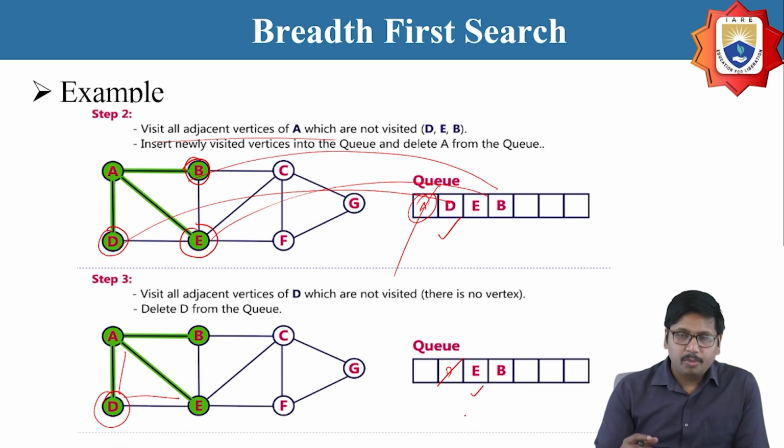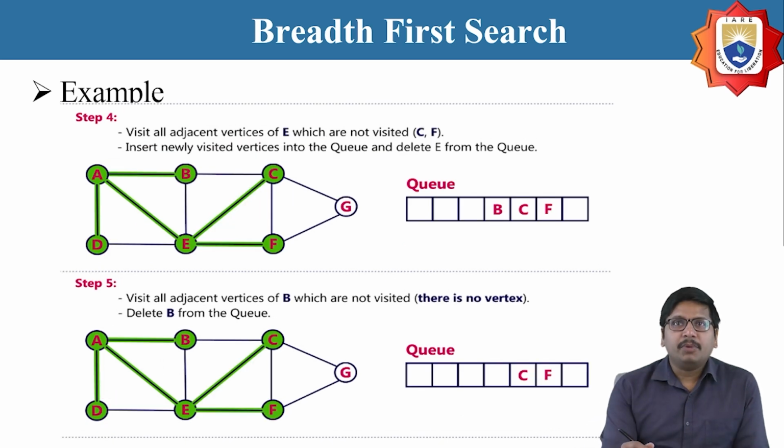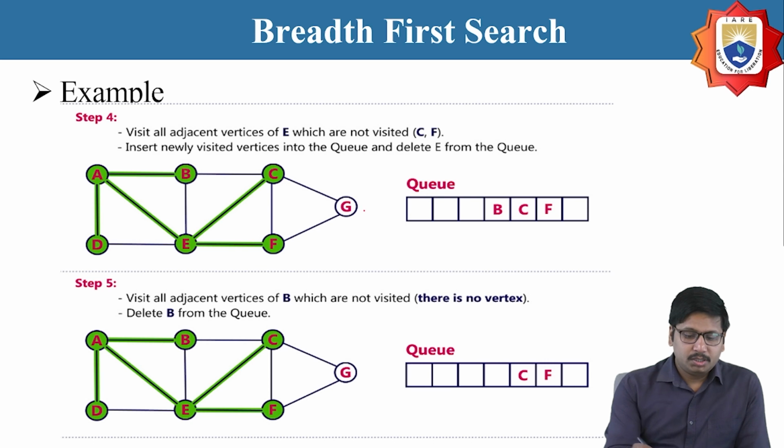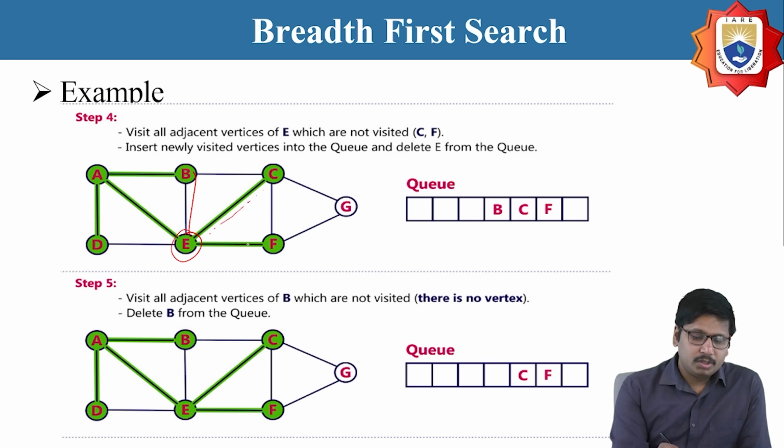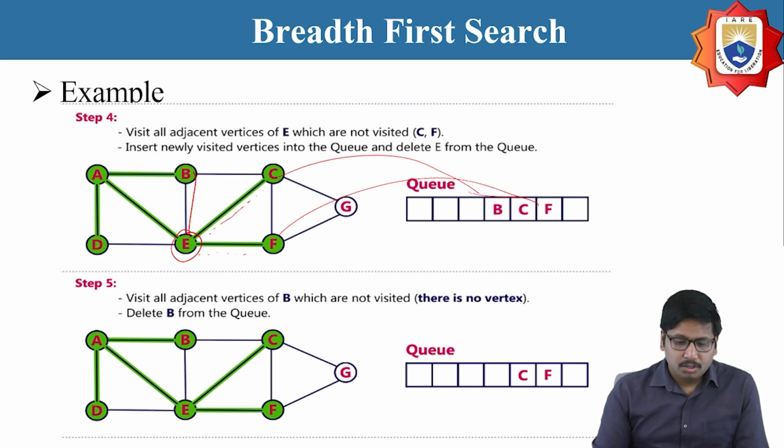So from E we have to identify what the non-visited vertices are. B is already there, and C should be a non-visited vertex, and F is also a non-visited vertex. So those two are going to be pushed onto the queue here. Okay.